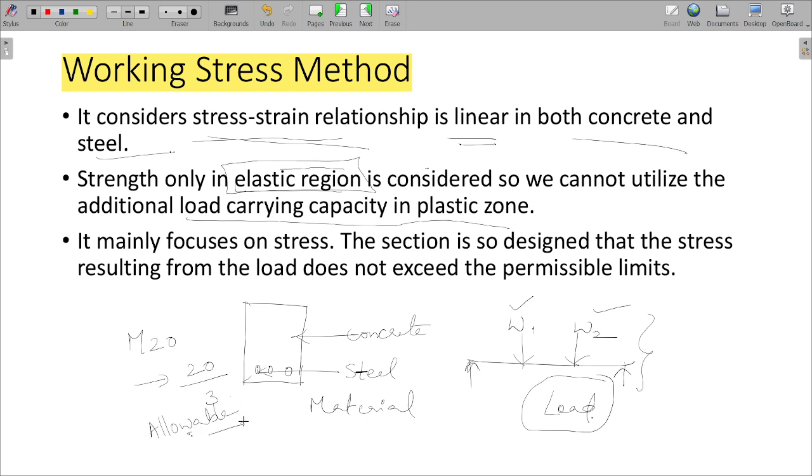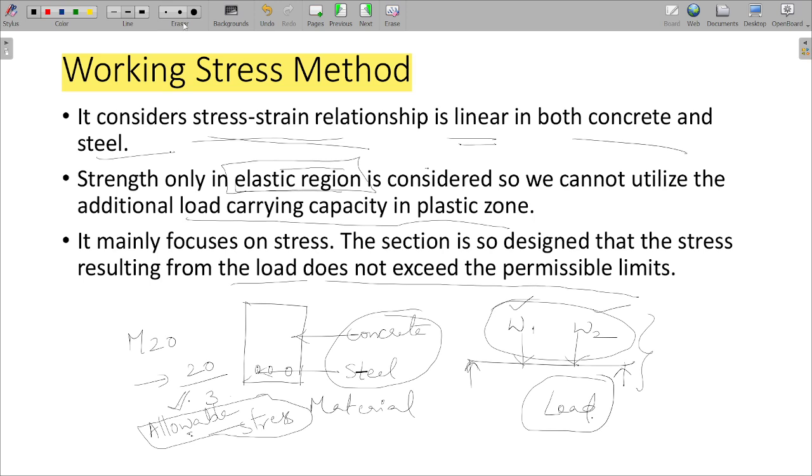We calculate allowable stress in the material, both for steel and concrete, and we design our sections in a way that the stresses developed in the section are within these allowable limits. So we are taking the loads as they are in the working stress method, and for materials we are applying safety factors and calculating the allowable stress, so that the stress in the section does not exceed the permissible limits.